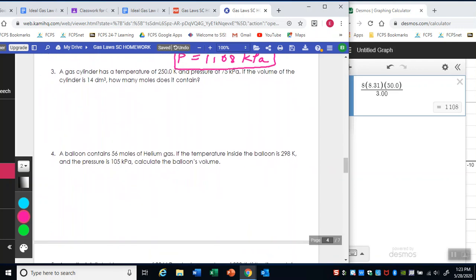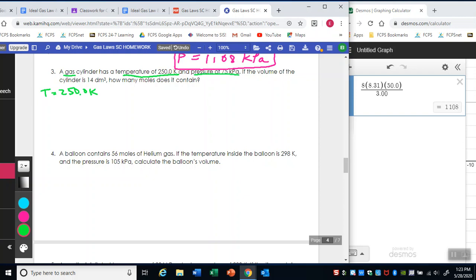All right, I'll do one more, and then you should be able to do these on your own, I think. So let's change color, we'll go to green. And we've got a gas, so we're thinking gas laws. Temperature is 250 kelvins.